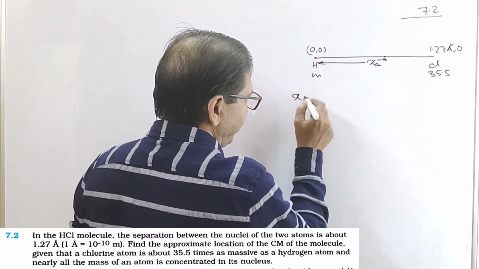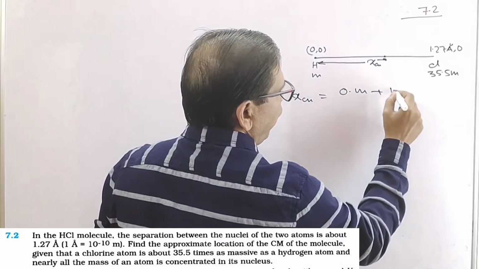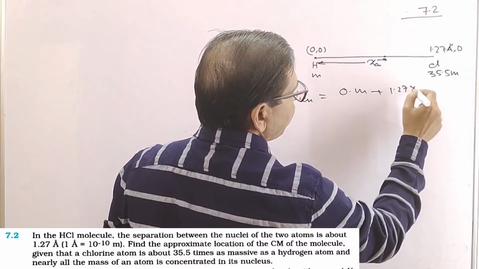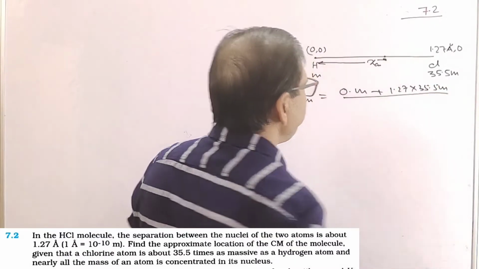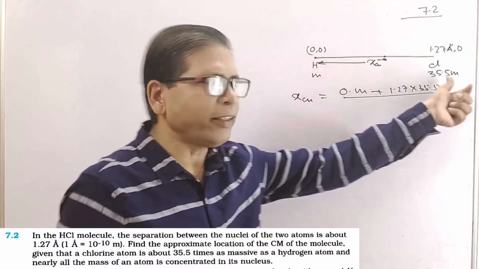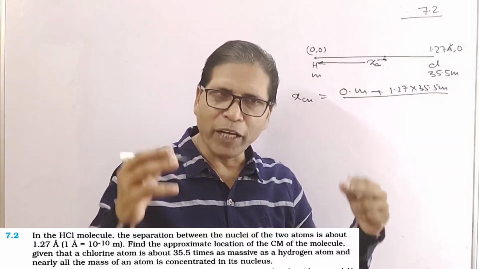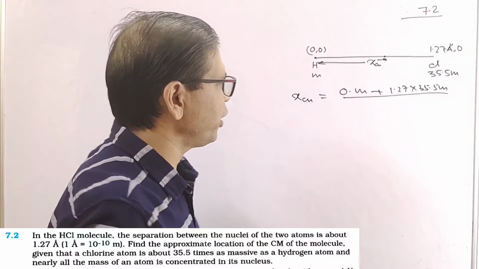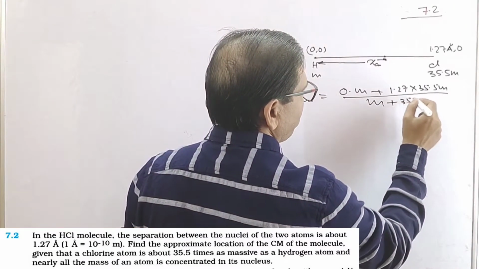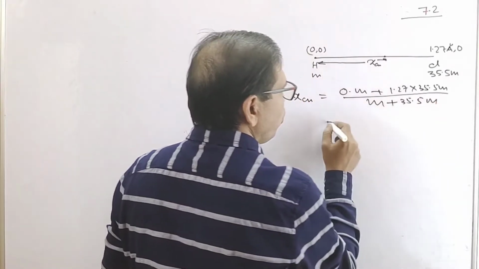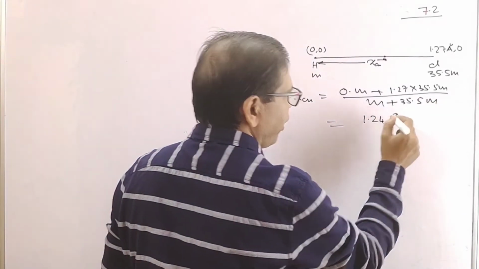So here xcm is equal to 0 into m plus 1.27 into 35.5 m, because the mass of the chlorine atom is 35.5 times heavier than the hydrogen atom. So this is divided by m1 plus m2, so m plus 35.5 m. So this becomes 1.24 angstrom.